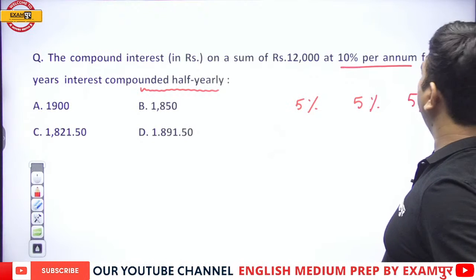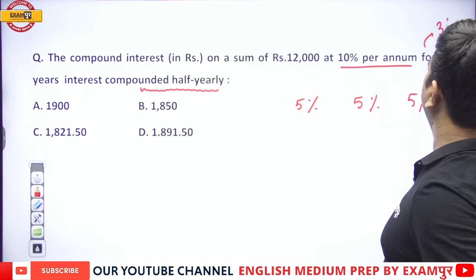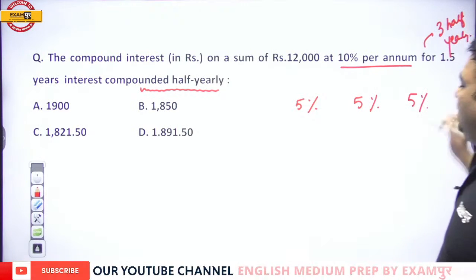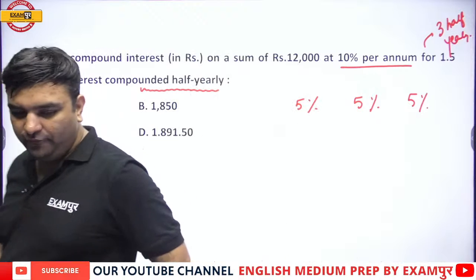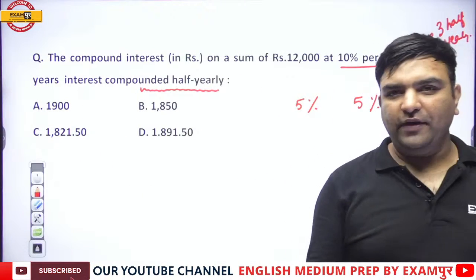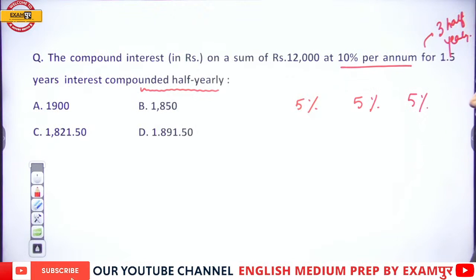In 1.5 years, how many half yearlies would be there? 3 half yearlies. So 5% for 3 half yearlies.